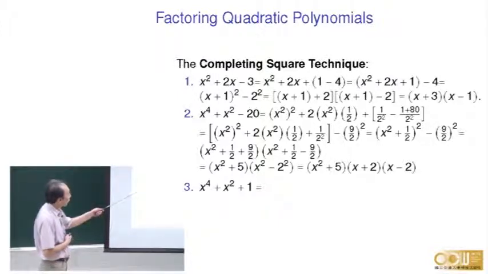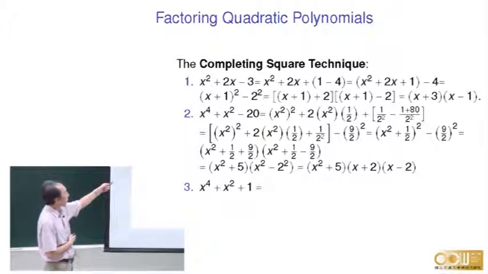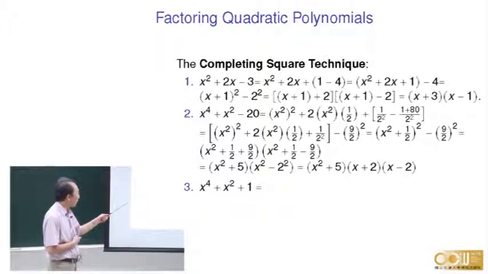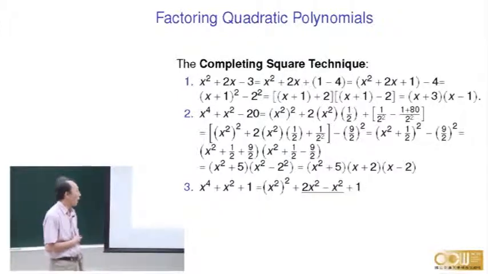However, I'm putting this example over here to show you there's a slightly different completing square technique between this one and that one. Now I try to do the completing square technique to eliminate the scalar term, and that's how I do it.